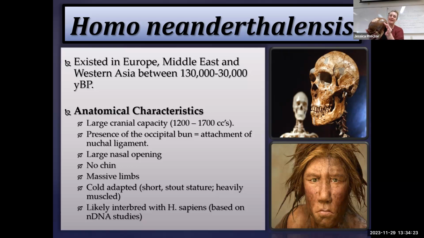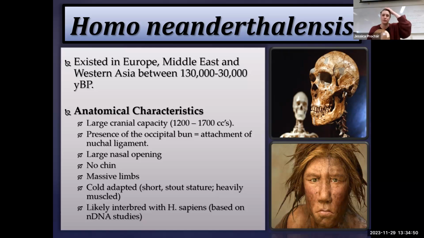So essentially what that bun-like feature is, it's the attachment point for the nuchal ligament. The nuchal ligament is a ligament in our neck, and it attaches to the back of our skull. The purpose is it prevents our head from pitching back and forth too severely as we're engaging in bipedal running, jogging, hunting, all sorts of complex physical activities.